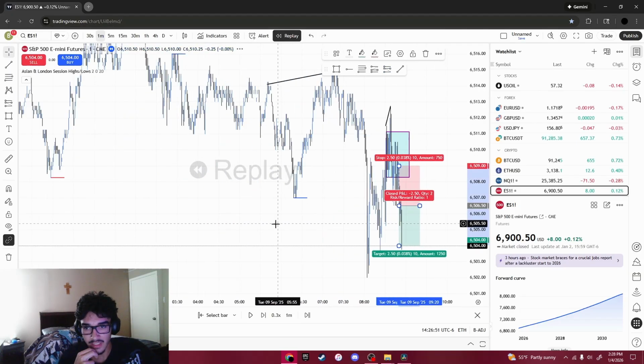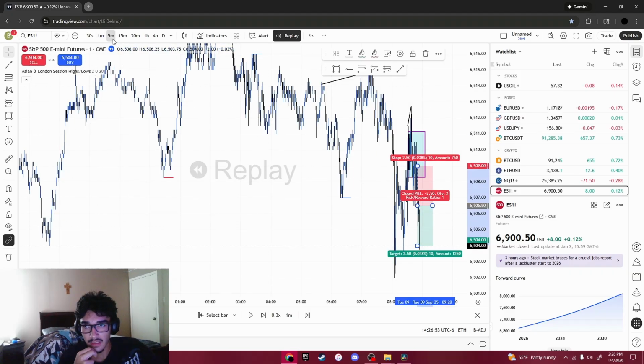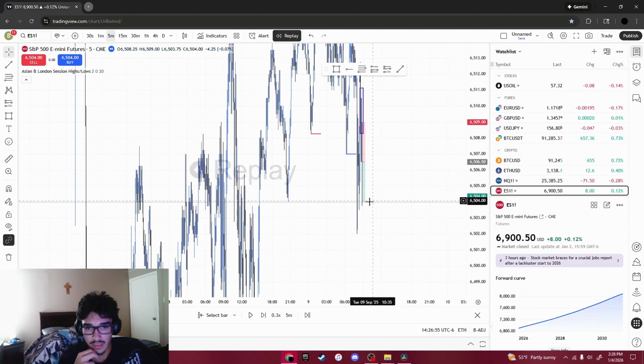I'll put my trade right here and target the stacked up lows that we had initially seen.